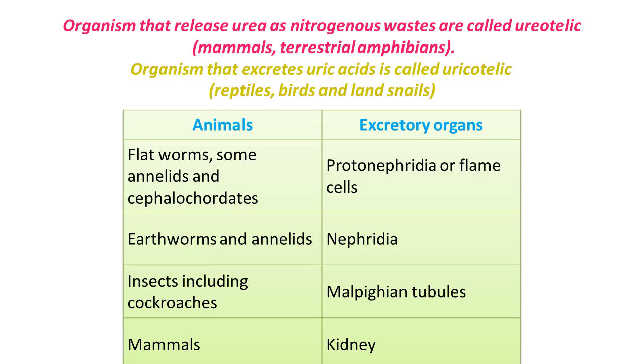Now let's study this table. It gives us an idea about different types of excretory organs present in the body of different types of animals. As we know about the animal kingdom and its classification, we have already studied excretory methods in different kinds of animals, invertebrates and vertebrates.